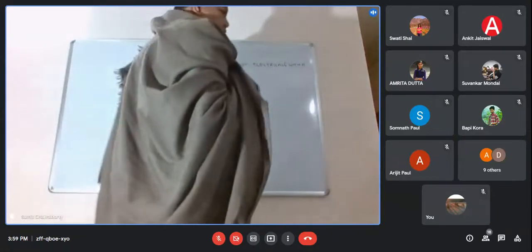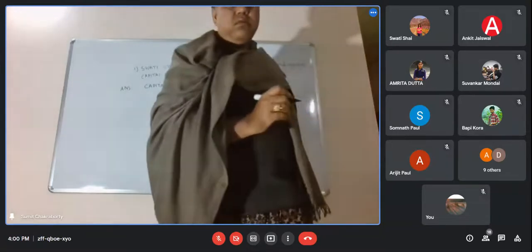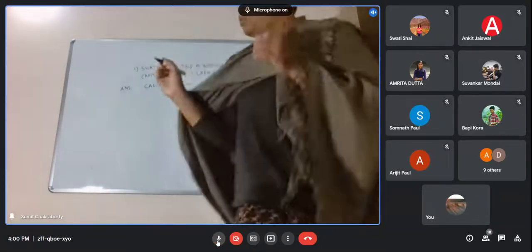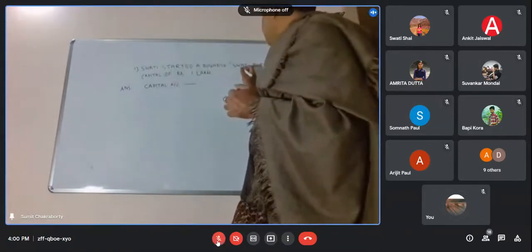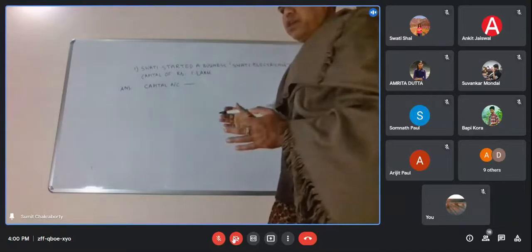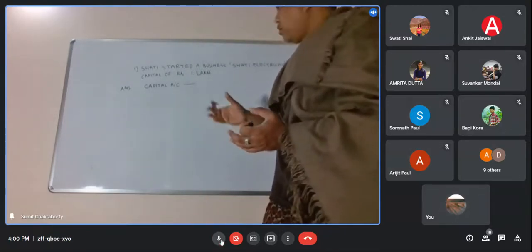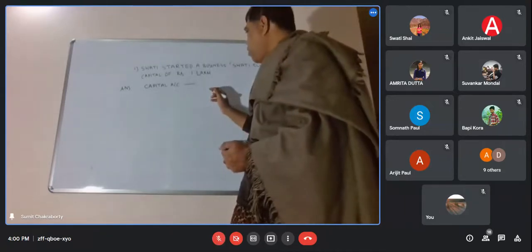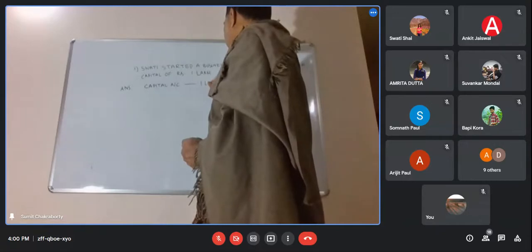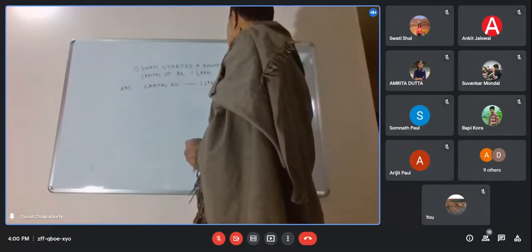Is there an increase in capital account or decrease in capital account? Who is going to tell me? Increase in Swati Electricals. Previously there was nothing in Swati Electricals. Just created Swati Electricals. So there was zero capital, now there is 1 lakh of capital, right? 1 lakh increase, right?